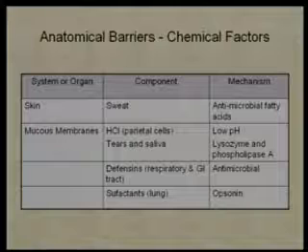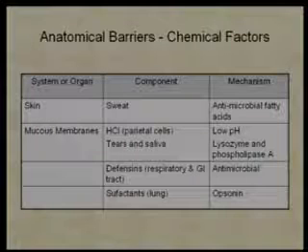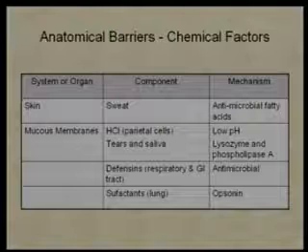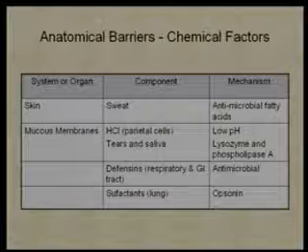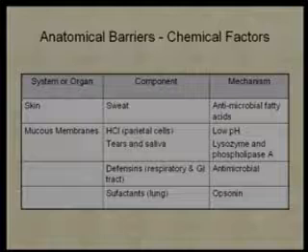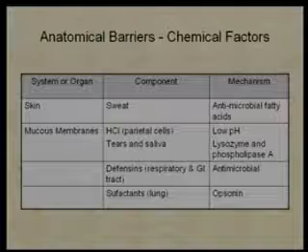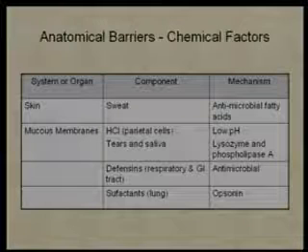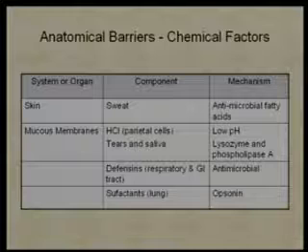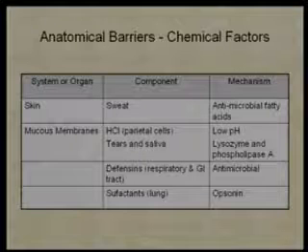In the respiratory and GI tract, there are small proteins called defensins that are antimicrobial, and they kill bacteria. And in the lung, even the surfactants are protective. They act as opsonins. This is a term you may not have come across before. An opsonin is something that increases the phagocytosis of a particle by a phagocytic cell.